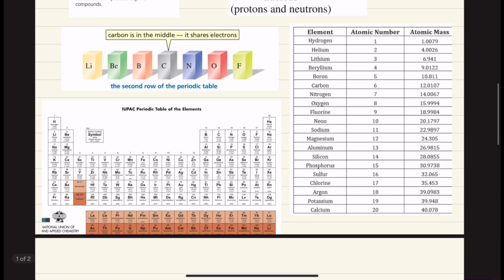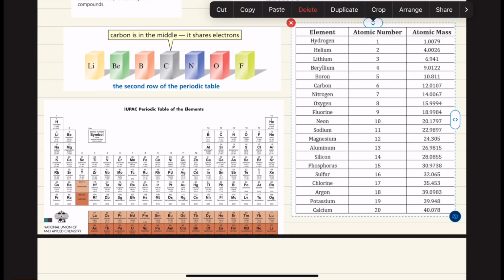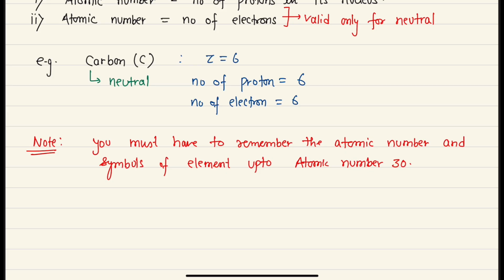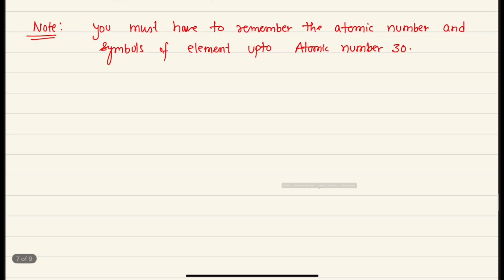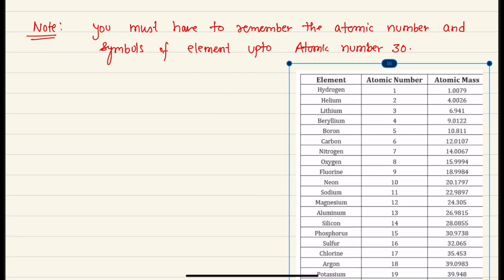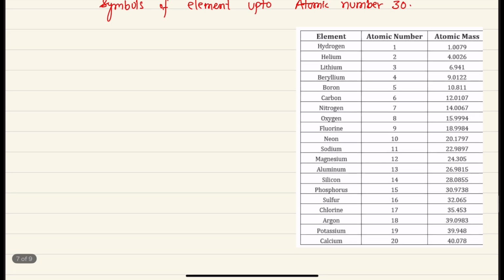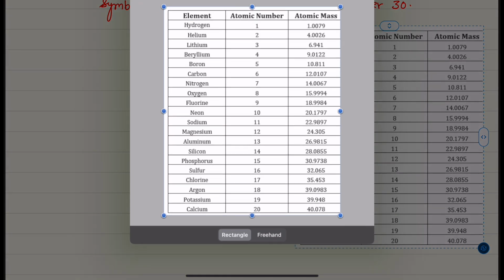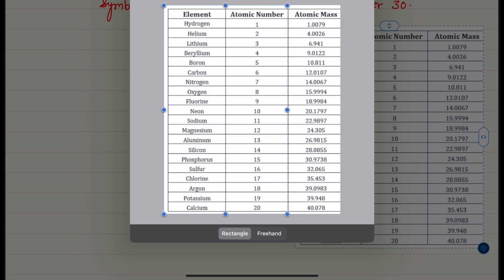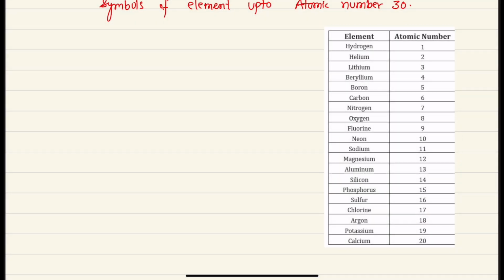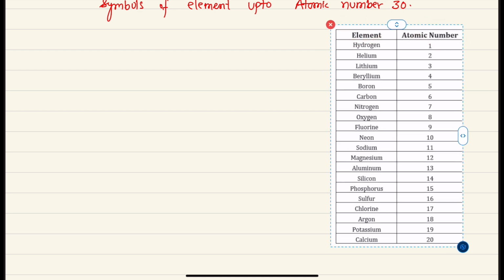I will give you some picture here. I have some table up to 20. I will paste it here. See, this is the table we have here. Don't see the atomic mass now; we are just bothered about element and atomic number.